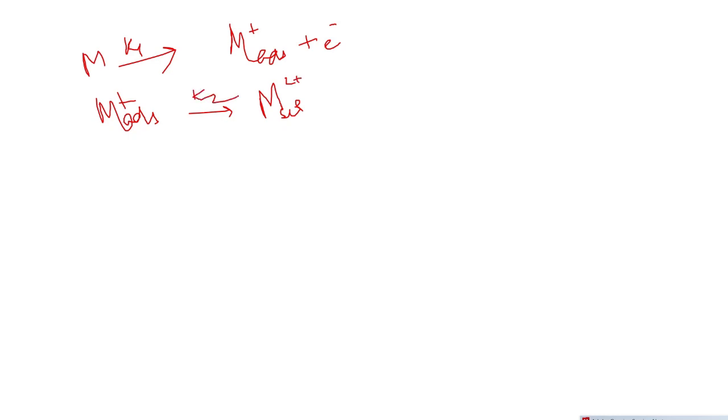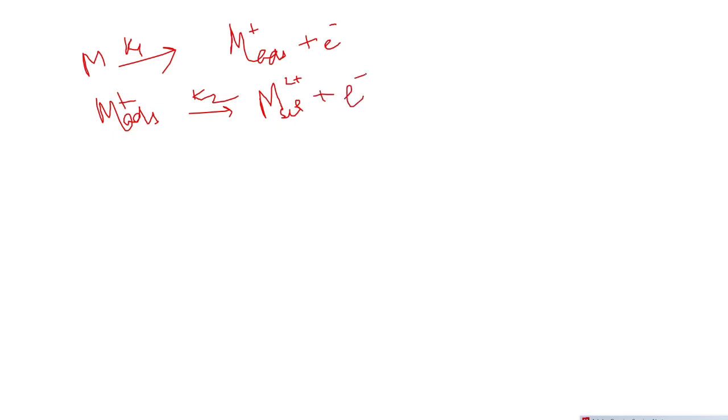So it's a two-step mechanism. M giving M adsorbed plus an electron, and this M adsorbed plus goes to the solution with rate constant K2, and this is also an electrochemical step.